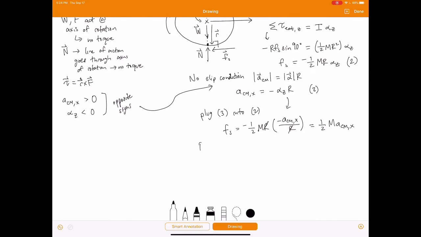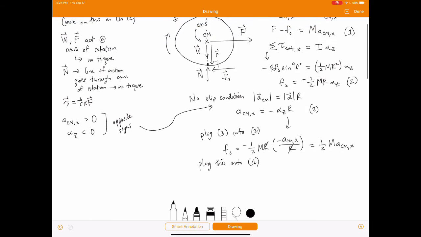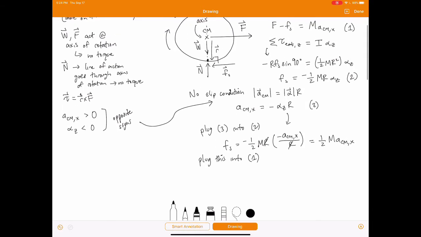Now plug that result into the first equation, which is up here. We have the force that you're pulling with, F, minus the static friction, which we just said is 1/2 m times ACM x. That's equal to m times ACM x. So we just plugged this in right here for the static friction.